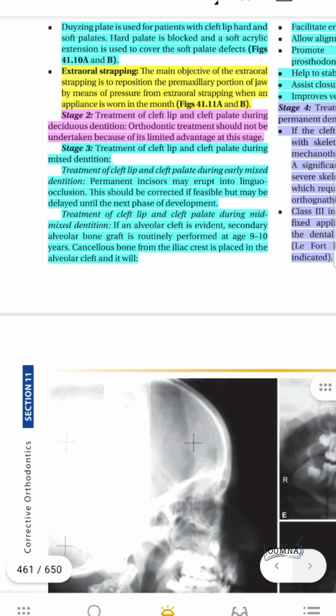During the mixed dentition, the permanent incisors may erupt into lingual occlusion, and this should be corrected if feasible, but may be delayed until the next phase of development.